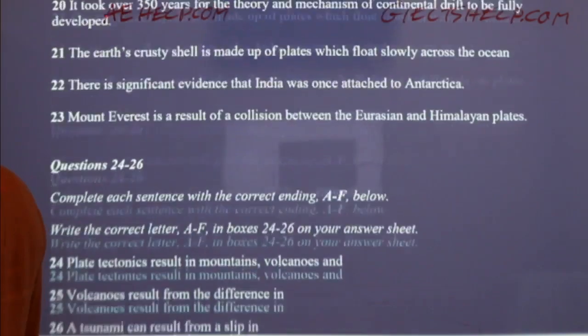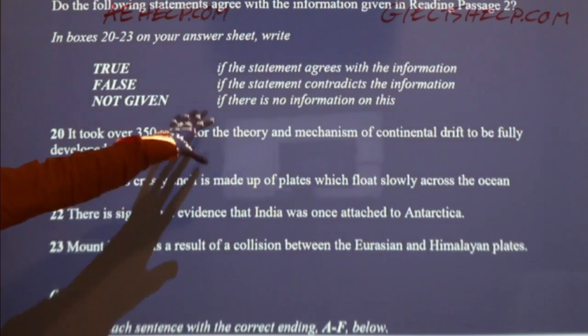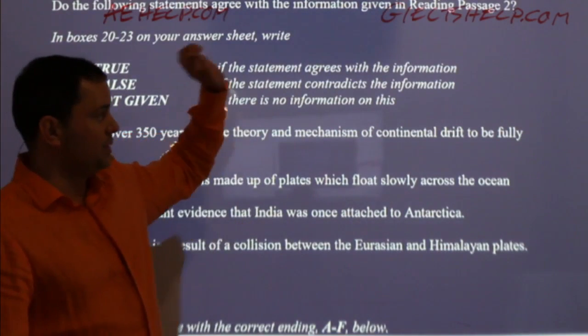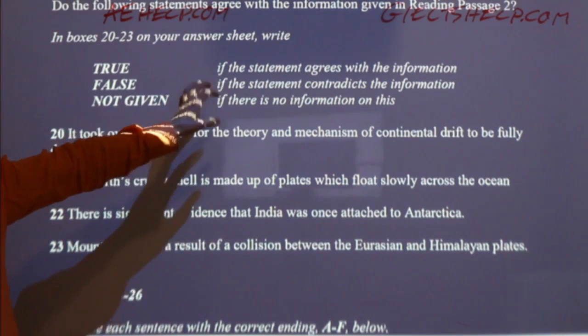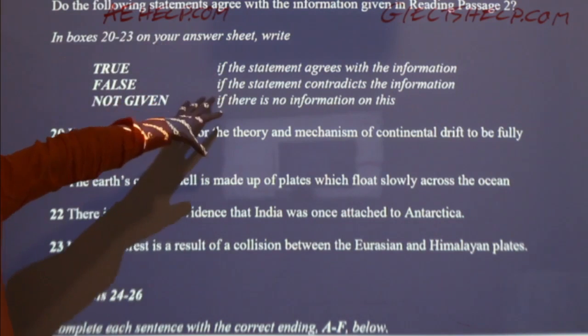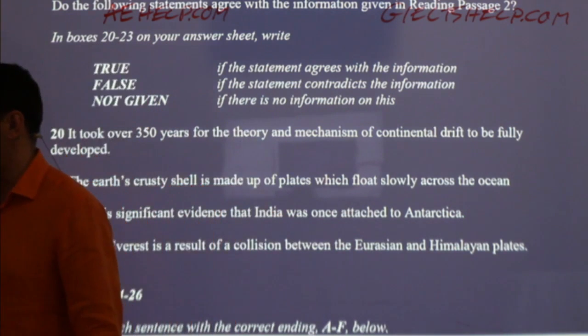All right, so let's go back. We should not look at this question before we read. There's too much confusing information. We talked about that. True, false, not given. Do not read it before the passage because false and not given sentences will only confuse you. Okay?